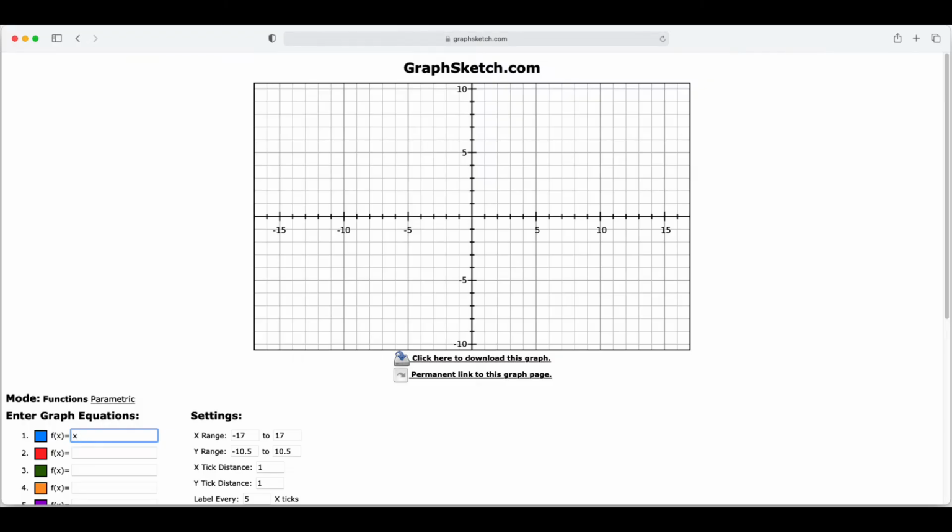To get the exponent, we want to use a caret key, and that's the little symbol that's above the 6 on your keyboard. So I'm going to hit Shift 6, and that puts the caret key in there. I want a squared power, so my exponent is 2. And then it's minus 2x minus 3. That's our first equation that we want to graph out. I'll hit Enter, and it gives me that picture.